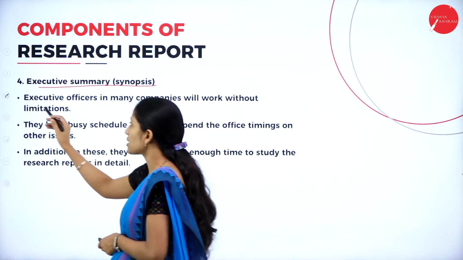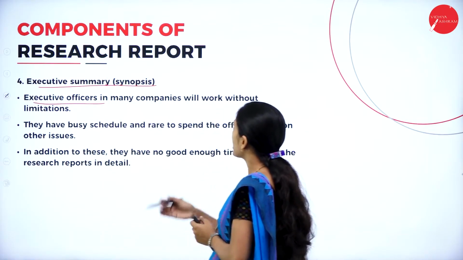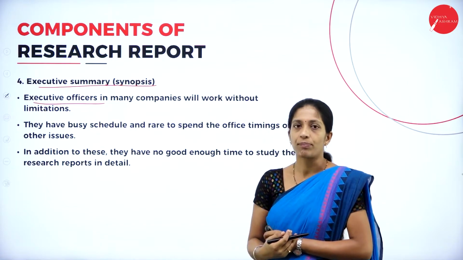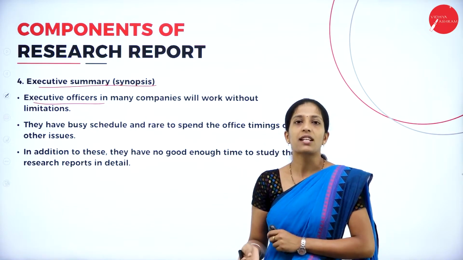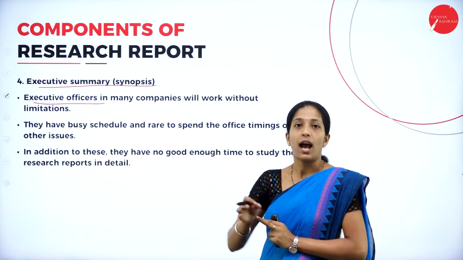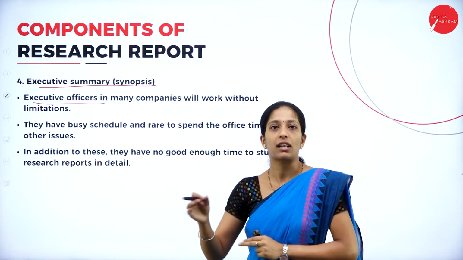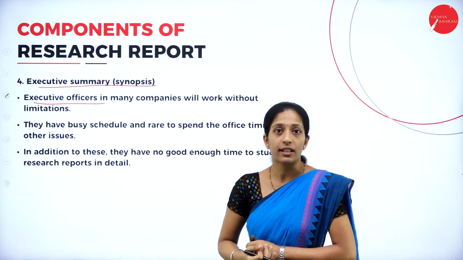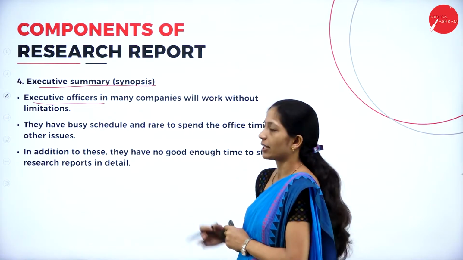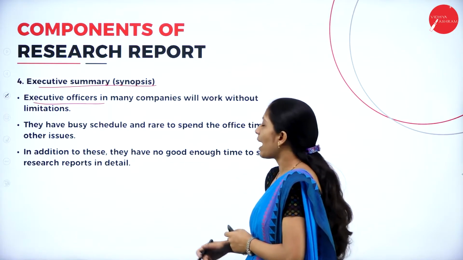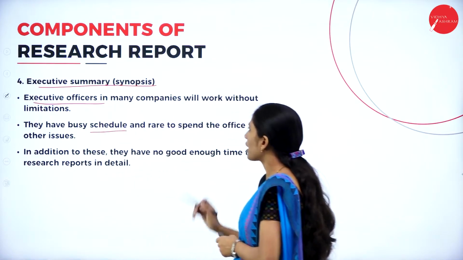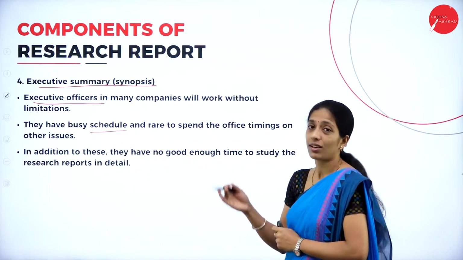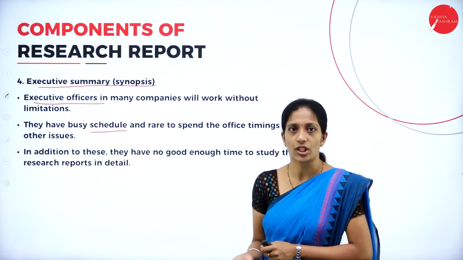Executive officers in many companies work under limitations. They have less time and more work, and they don't have much time to refer to the research report. These are certain limitations of the executive officers. They have a busy schedule and rarely spend office time on other issues. They don't have sufficient time.